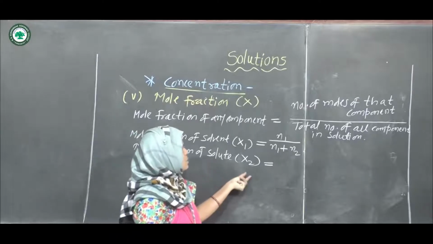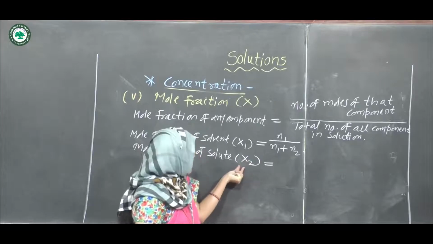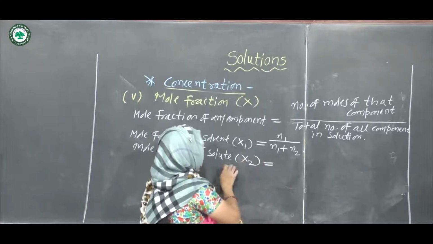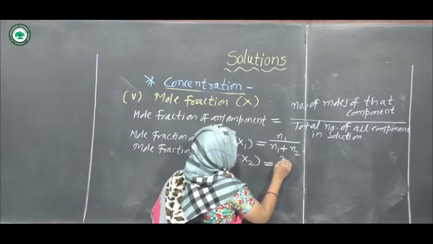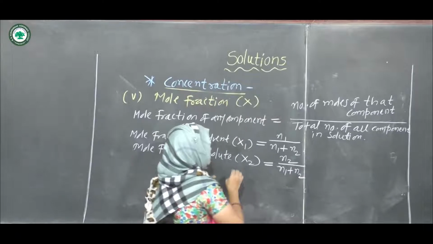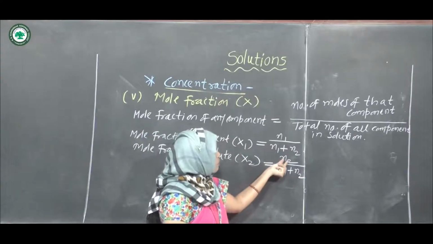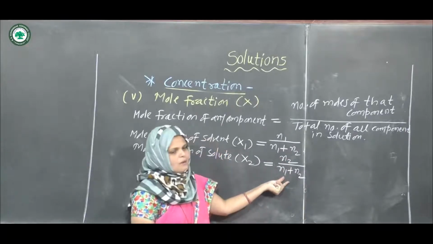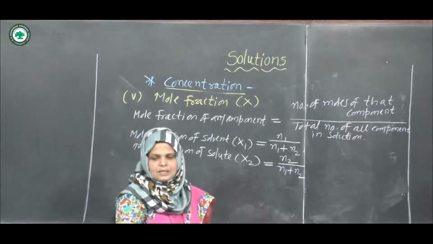The mole fraction of solute X2 is equal to the number of moles of that component, the solute, so X2 equals N2 divided by N1 plus N2. That is, the number of moles of solute divided by the total number of moles of components in the solution, N1 plus N2.